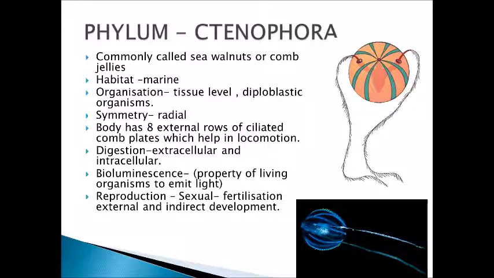The body has 8 external rows of ciliated comb plates which help in locomotion, and hence the name comb jellies. You can see these 8 plates, 4 these green ones, and on this side, so total 8 external rows of ciliated comb plates, and that is why they are called comb jellies, and they help in locomotion.